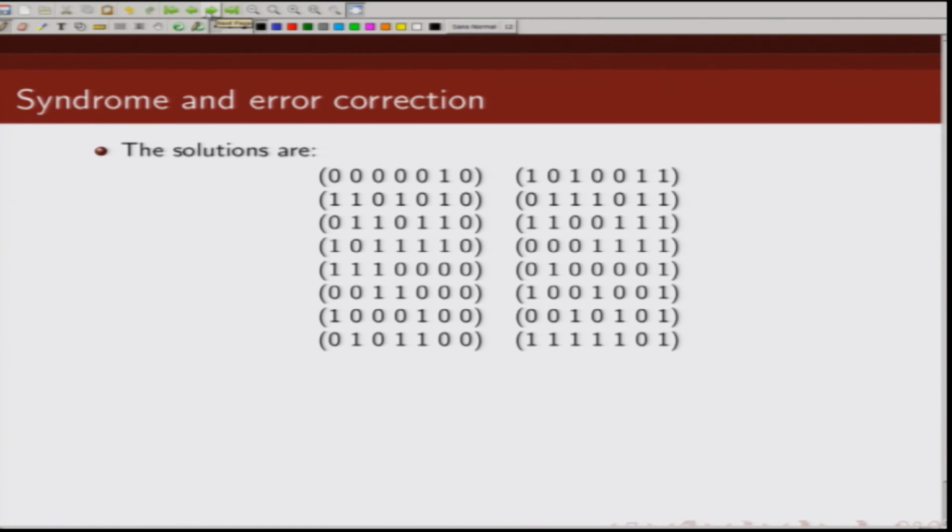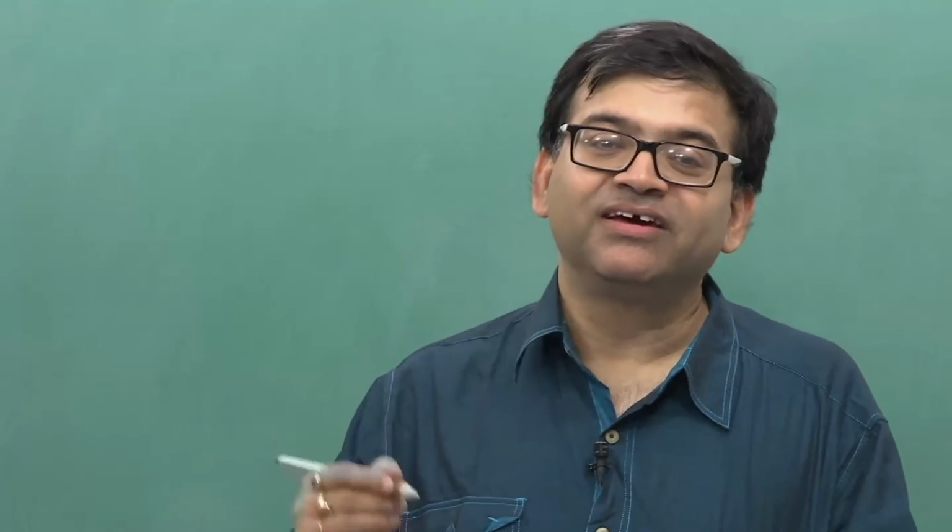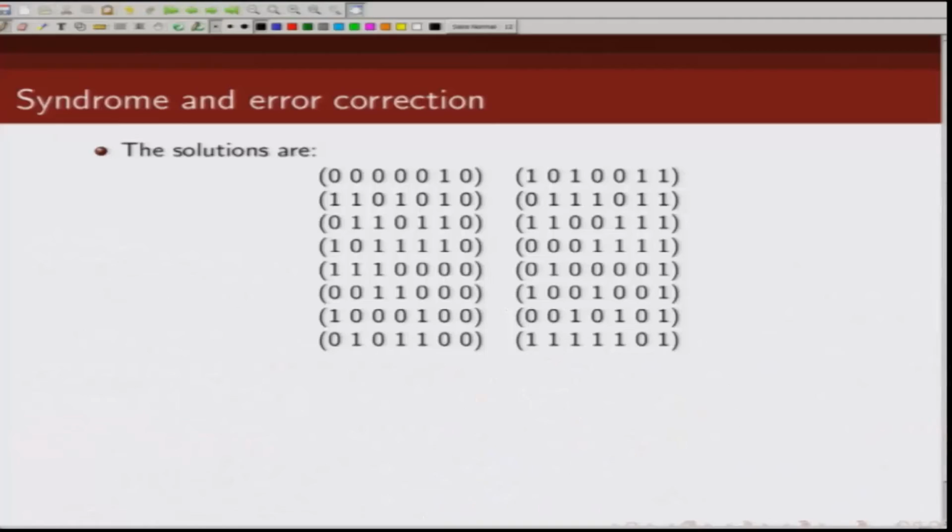As we said, the maximum likelihood decoding rule for a binary symmetric channel will choose an error pattern that has minimum Hamming weight, which has the minimum number of ones. You can see that among these 16 solutions, the one that has minimum Hamming weight is this. All others have more: this has 4 ones, this has 4 ones, this has 5 ones, 3 ones, 2 ones.